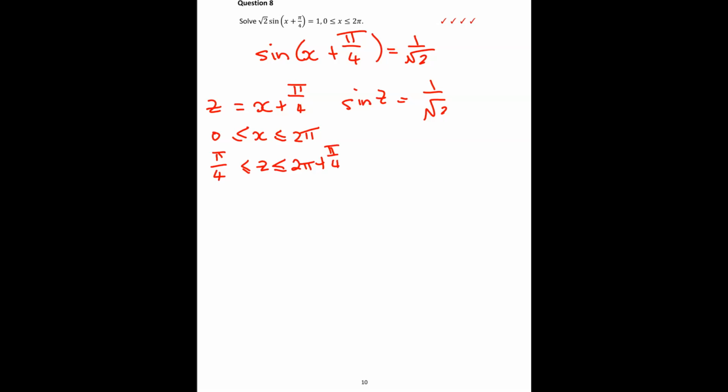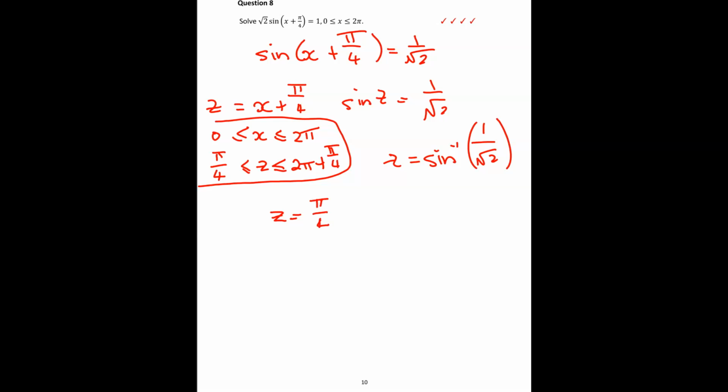So let's go down, that's just the parameters. So now z equals sine inverse 1 over root 2, and then we're just going to use our calculators. Now, if you'd learned the list of common ones to learn, you'd know that that was pi over 4, and then the next one would be pi minus that in the next quadrant, or you know what I mean.